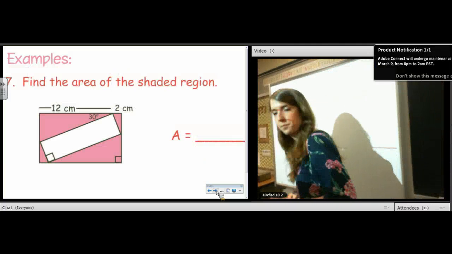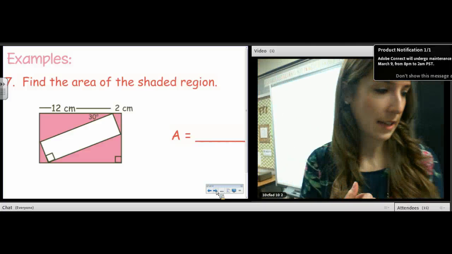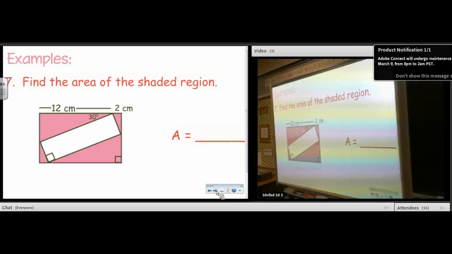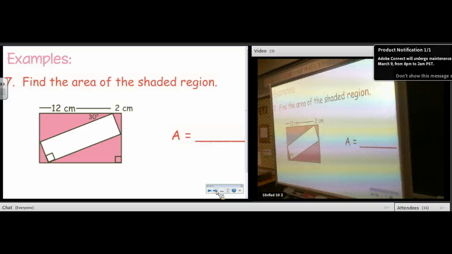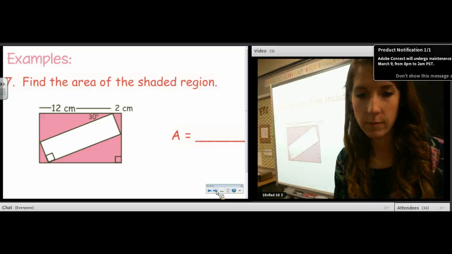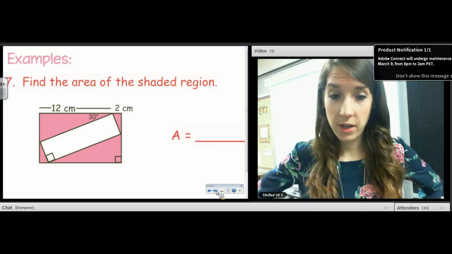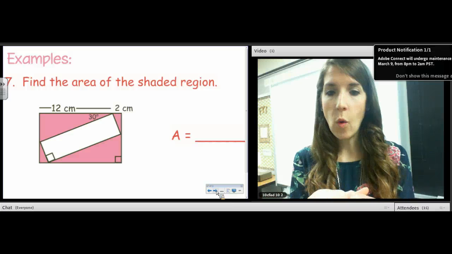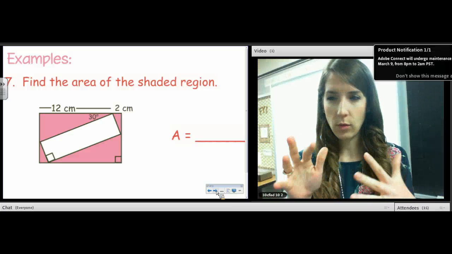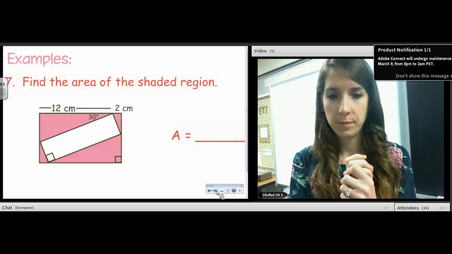Last problem. Last one. You did great, guys. On this one, I would recommend doing the whole rectangle minus the white rectangle instead of finding the 4 different triangles.